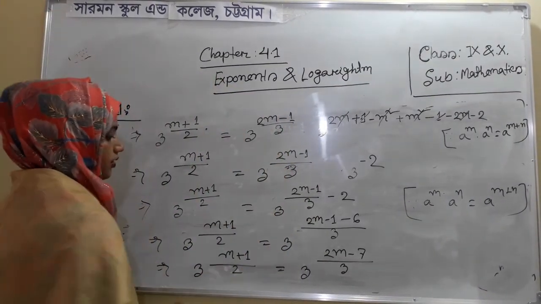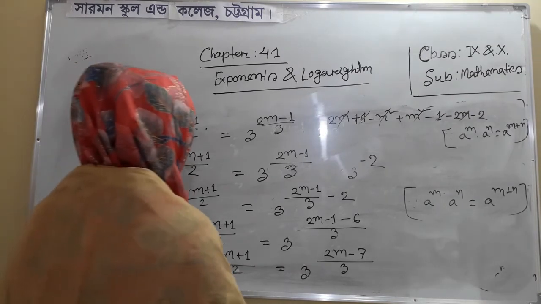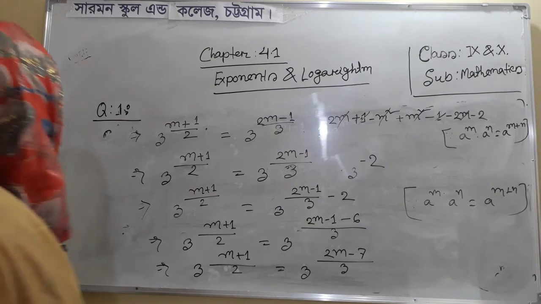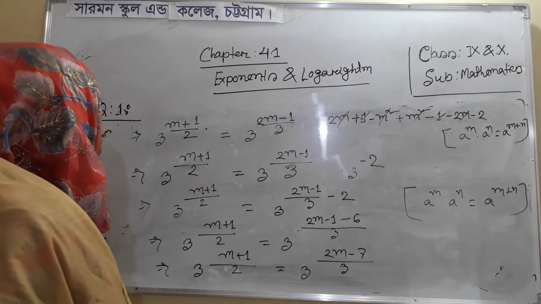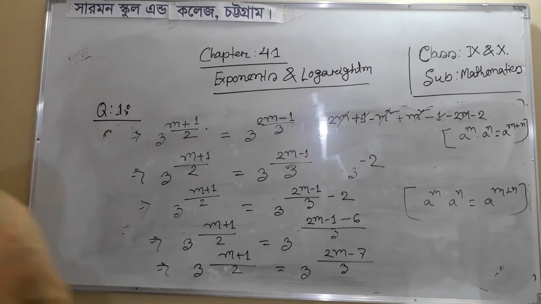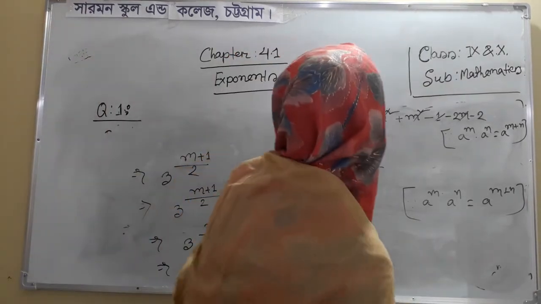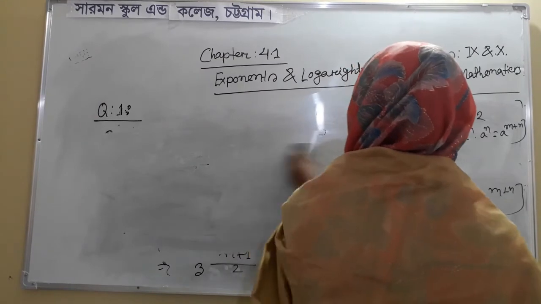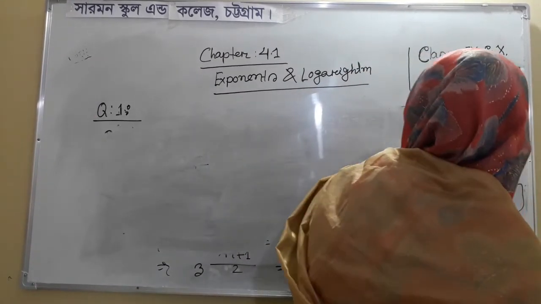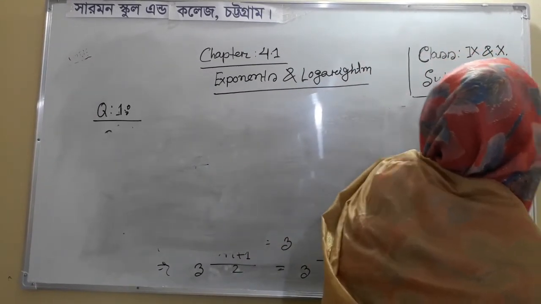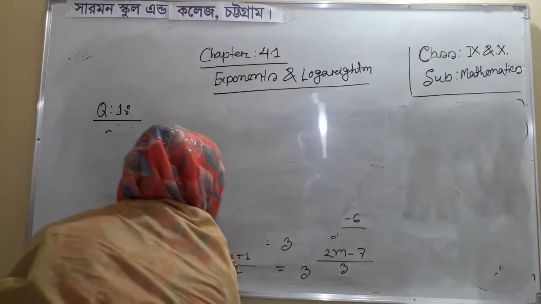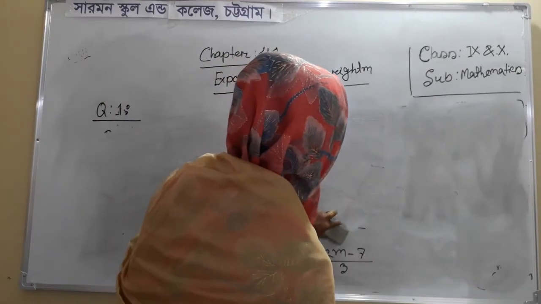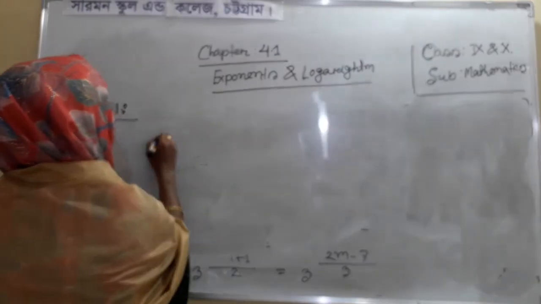Here we can see that the base of both sides are same. We know if the bases are same, we can write the powers are equal.